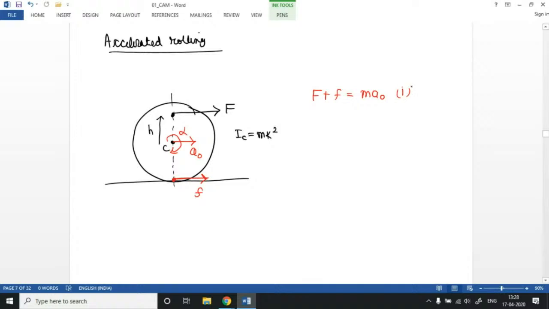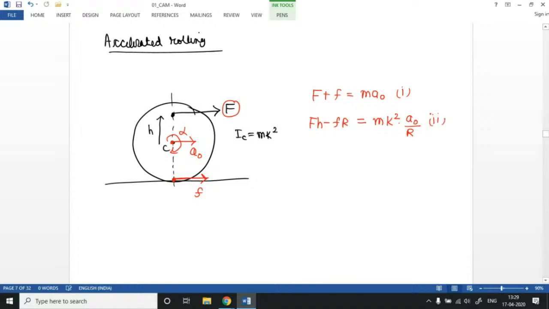Now the equation of torque about the center of mass: the torque due to F would be F h, in the clockwise direction, and the torque due to friction would be minus f times R, equal to the moment of inertia about the center of mass, mk square, into alpha. And for alpha we can use the condition of pure rolling, a naught by R. That is equation number 2.